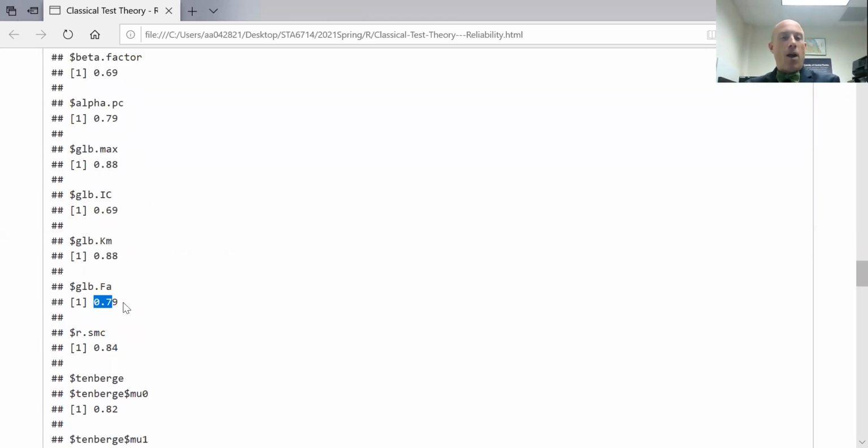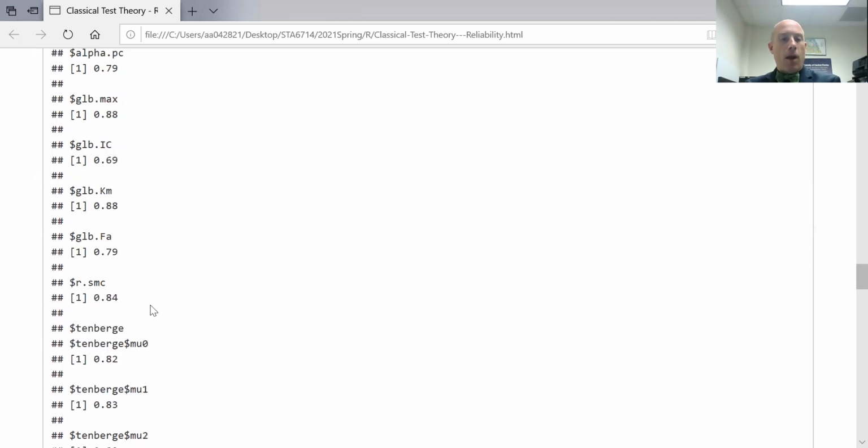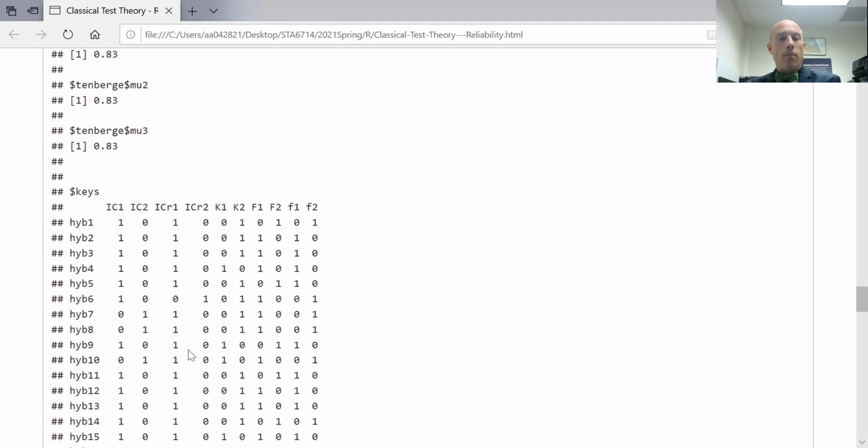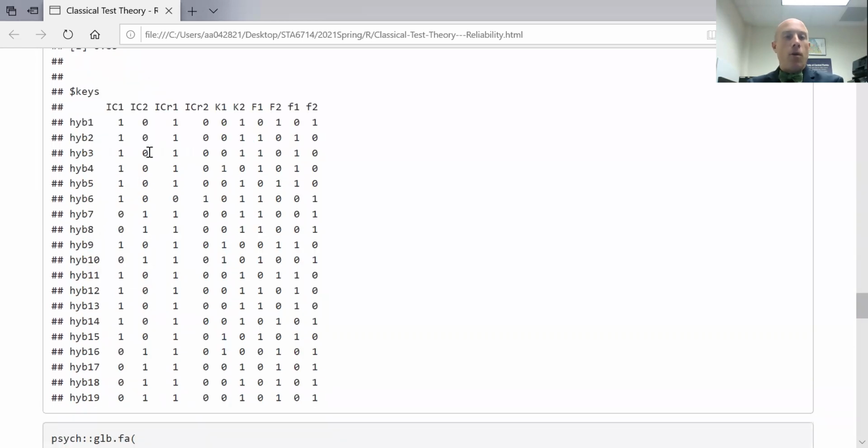Here we have a factor analysis output, and we get some measurements from the psychometrician literature. And here it gives us some details throughout.